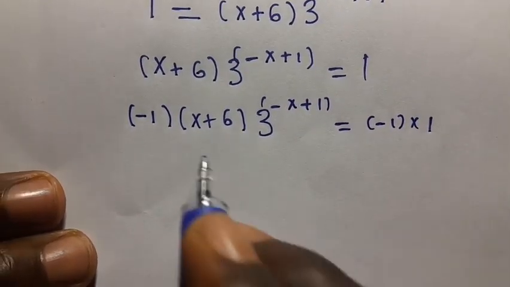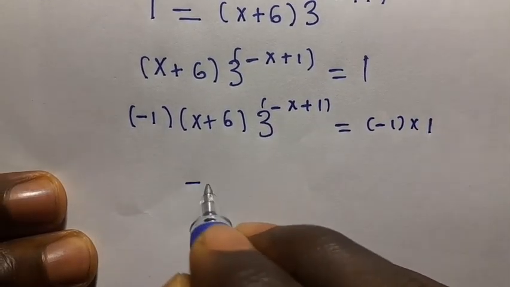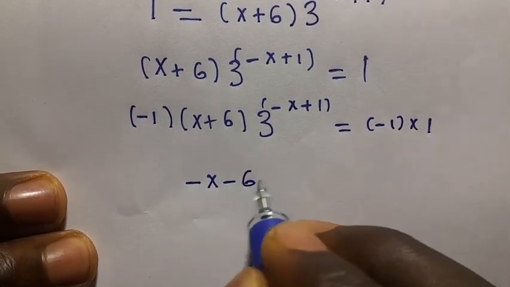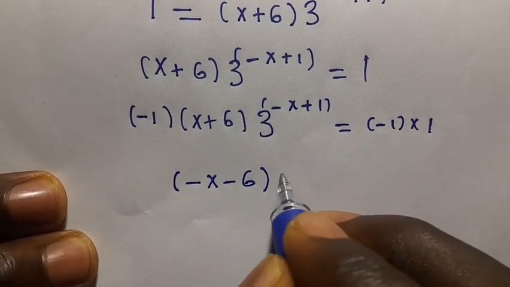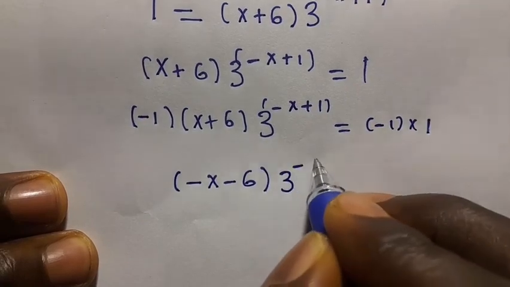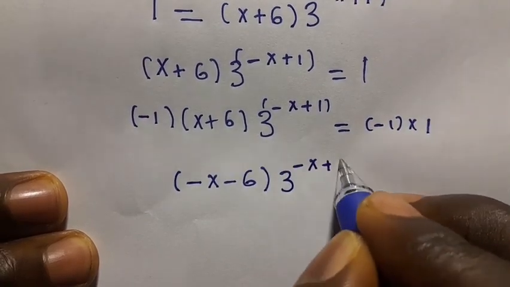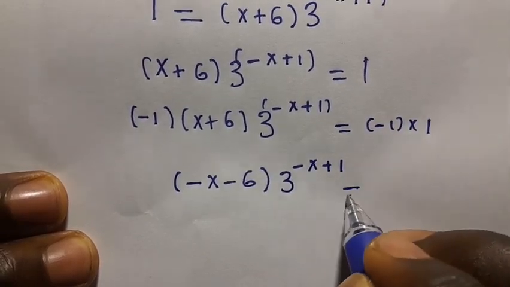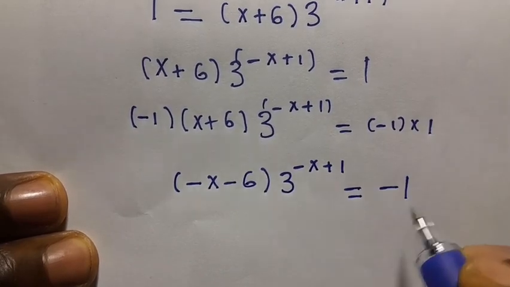So from here, we are going to have minus x minus 6, then 3 raised to power minus x plus 1 equals minus 1.